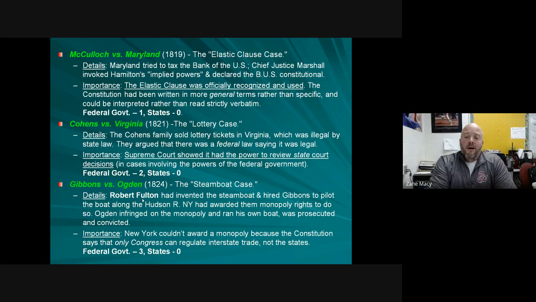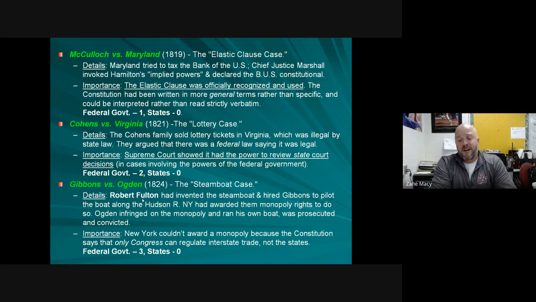Now, because they had been awarded monopoly rights, Ogden starts running his own boat, which violates Fulton's rights to monopolize transportation up and down the Hudson. He was prosecuted, he was convicted.